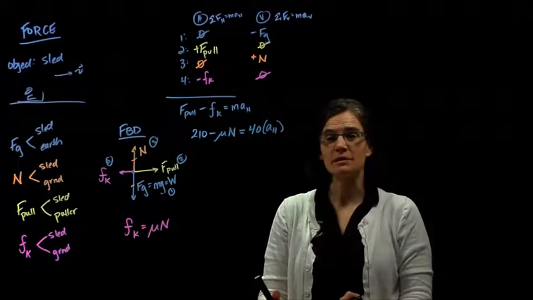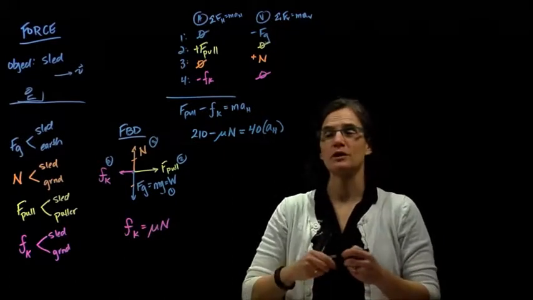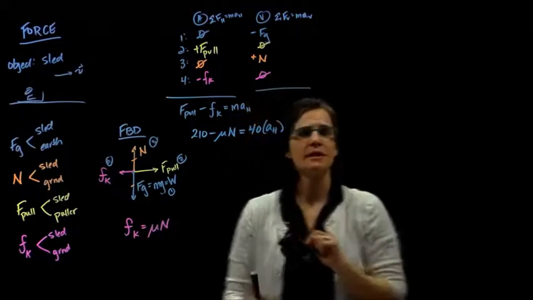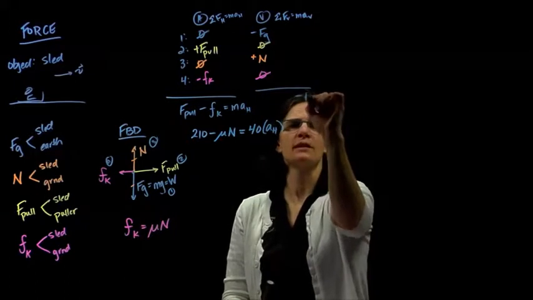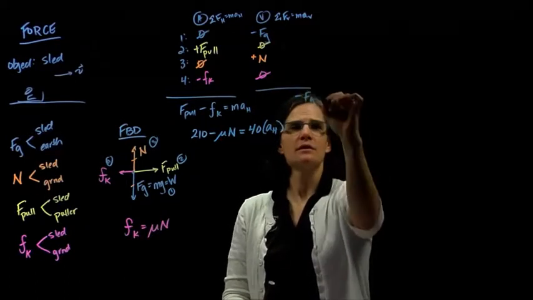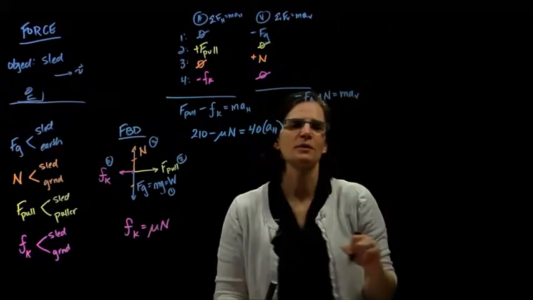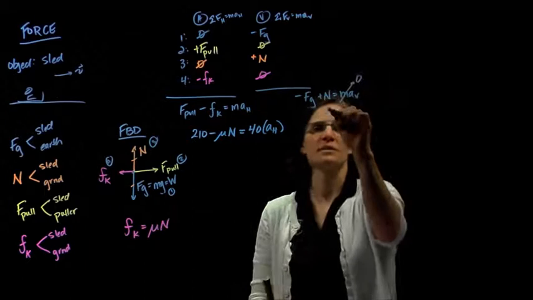Still forces, and I'm still within my analysis. Well, the normal force is acting in the vertical direction, so maybe I can analyze the sum of the forces in the vertical direction. If I add those forces, minus Fg, plus the normal force, I get the mass times the acceleration in the vertical direction. But the object's not moving up or down, so that's equal to 0.